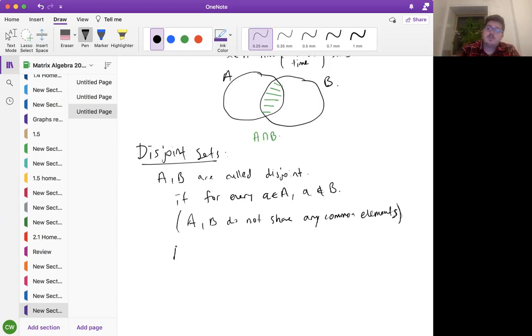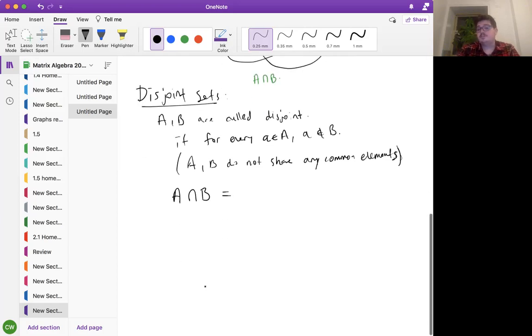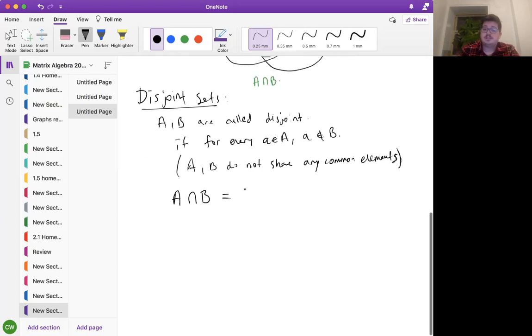Okay, so what do you know about A intersect B? If A and B are disjoint, meaning they don't share any common elements, what can we say about its intersection? It's empty.